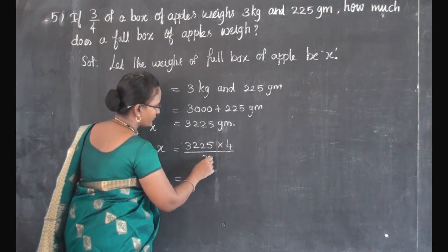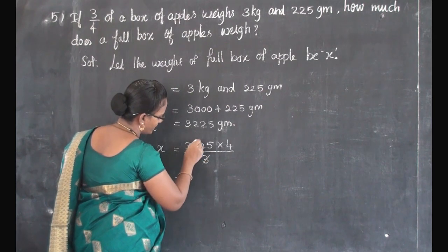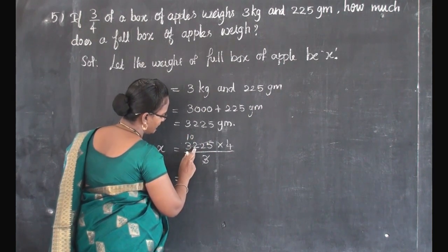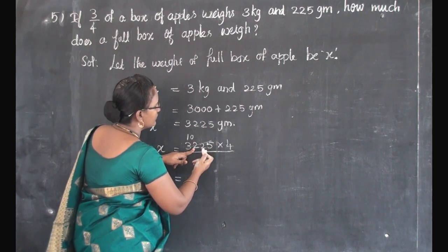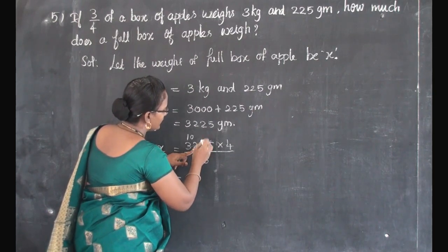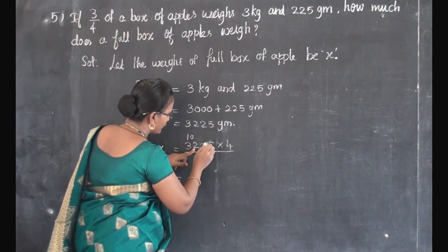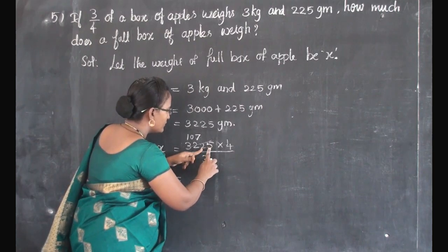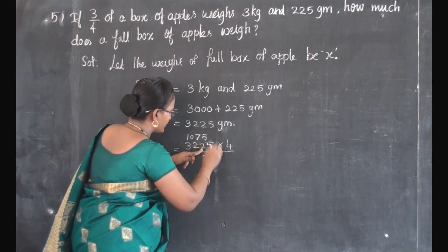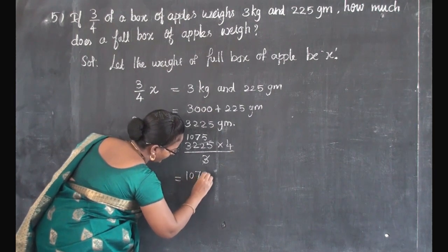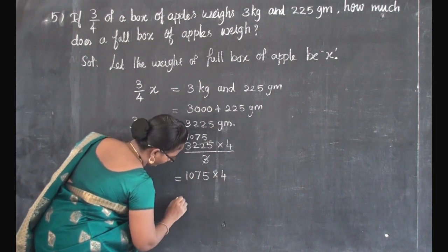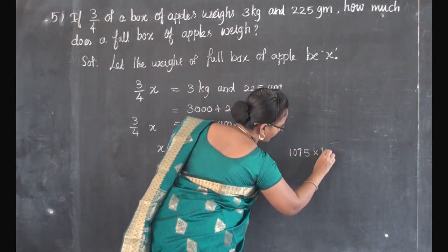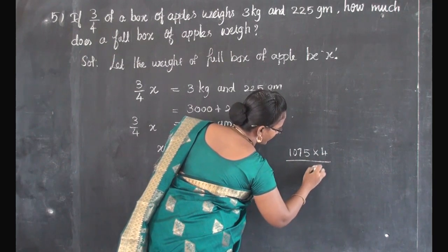So cancel first by 3 table. 3 tens are 30. Balance 2. We put here, it will become 22. 7 3s are 21. Balance is 1. So it will become 15. 5 times. So 1075 into 4. 5 4s are 20.